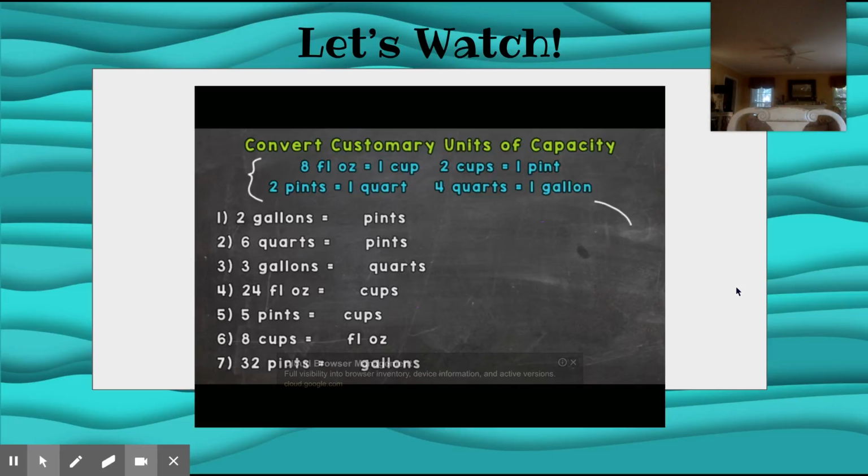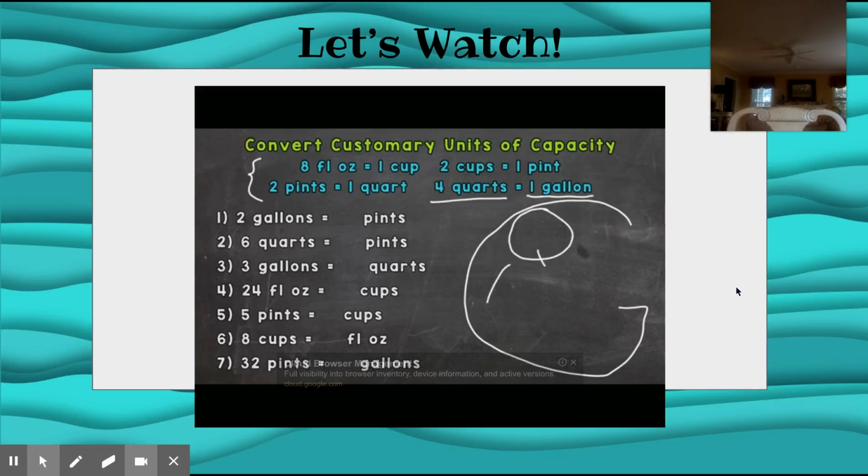So we're going to draw a big G. And that G represents 1 gallon. So 1 gallon here. Next, we're going to draw 4 Q's. That represents 4 quarts equaling 1 gallon. So 4 Q's to fill that gallon.